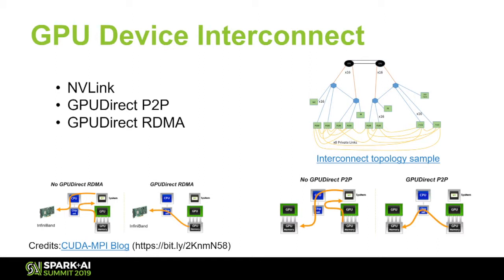So the other option that one can use to communicate between 2 GPUs within the same node is GPU direct peer-to-peer technology. So here, the PCIe bus is used to communicate between the GPUs.